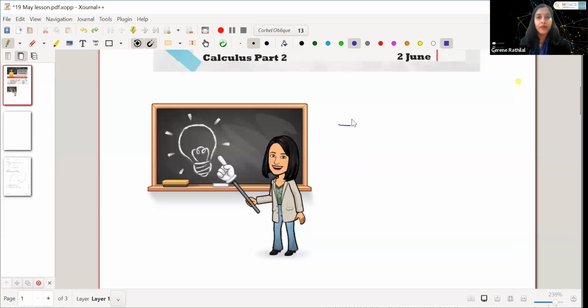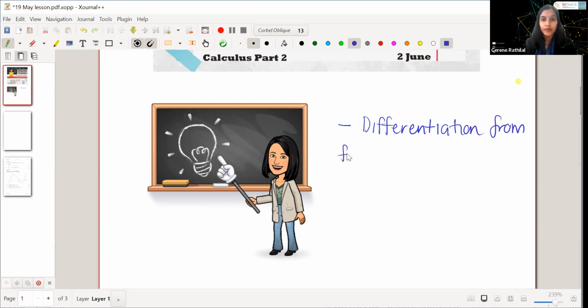Today I am going to talk to you about the derivative or differentiation from first principles. And thereafter, we're going to spend some time discussing basic differentiation rules.